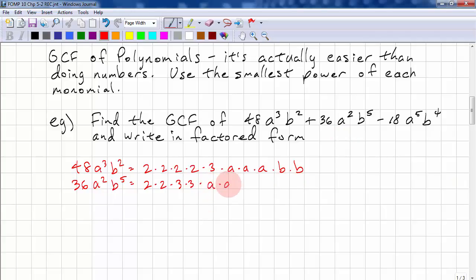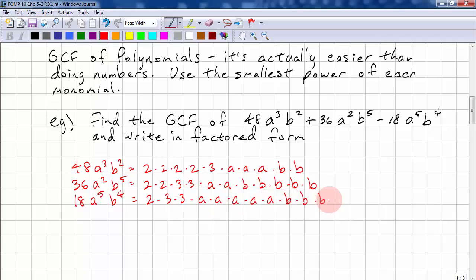Times a times a times b times b times b times b times b. Again, you don't have to do this once you get used to it. I'm doing it to illustrate why. And we have 18a to the fifth b to the fourth. So that's 2 times 3 times 3 times a times a times a times a times a times b times b times b times b.